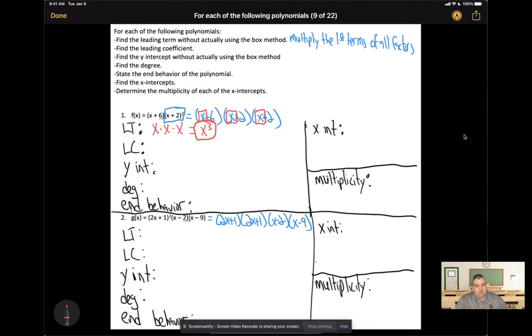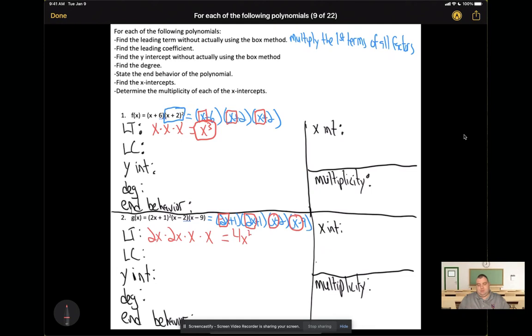In number 2, that's going to be 2x times 2x times x times x. If I multiply all that together, 2 times 2 is 4, and then I have x times x times x times x.